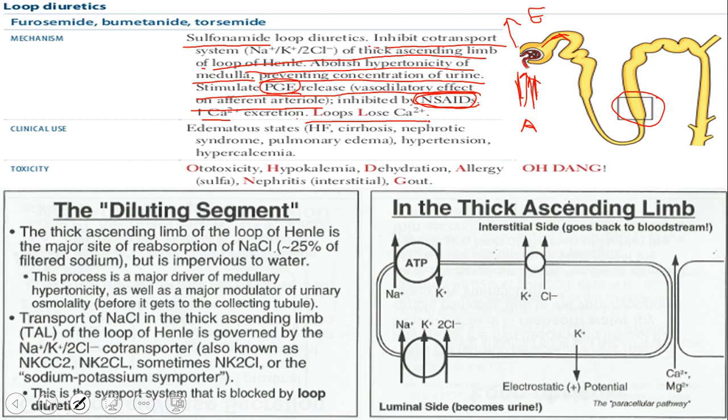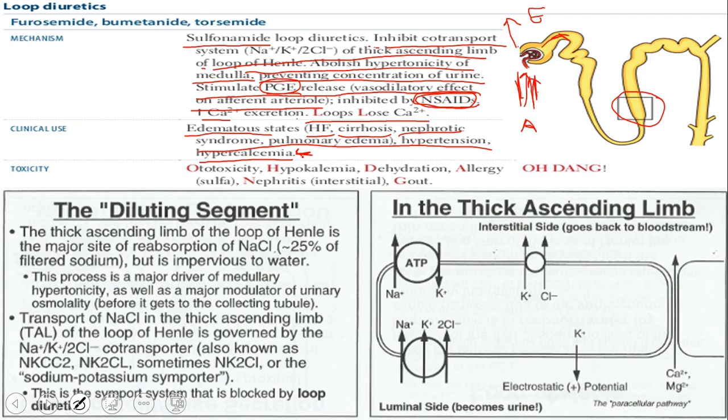Clinical use is basically anytime you have lots of edema, or heart failure, cirrhosis, nephrotic syndrome, pulmonary edema, hypertension, hypercalcemia. Particularly hypercalcemia in this one because this does get rid of calcium. So if somebody is hypercalcemic and they come in, you want to give them a loop diuretic because this is going to make them get rid of calcium.